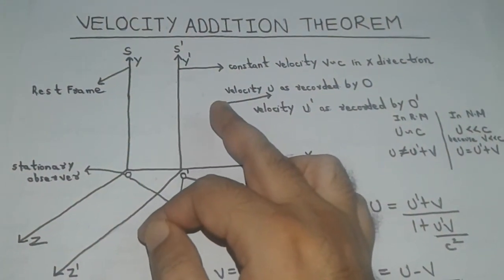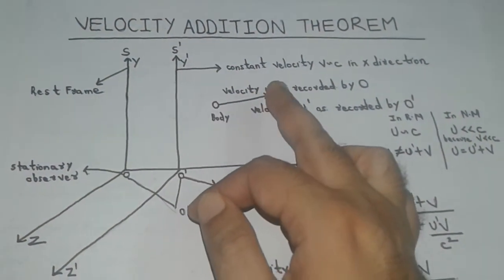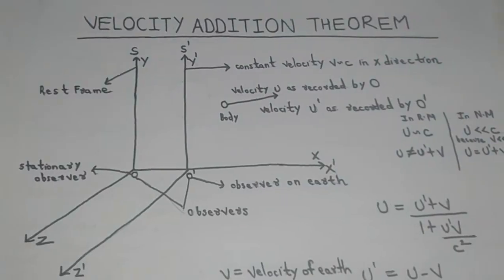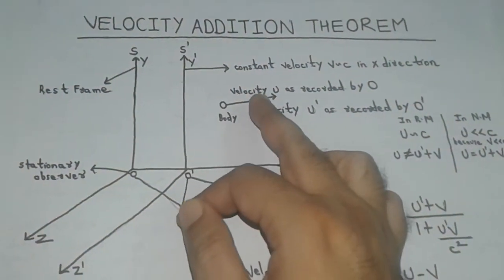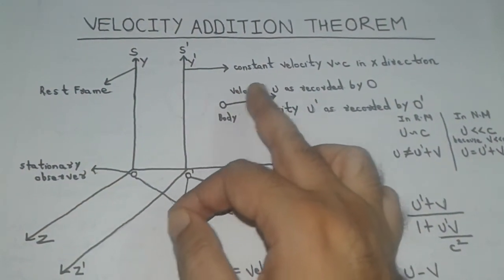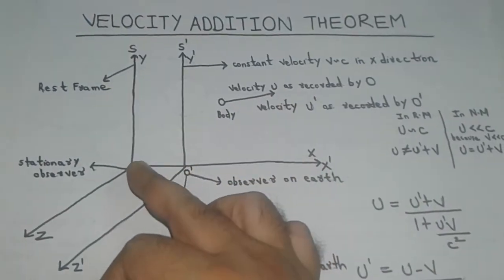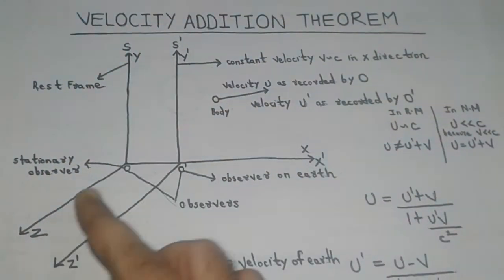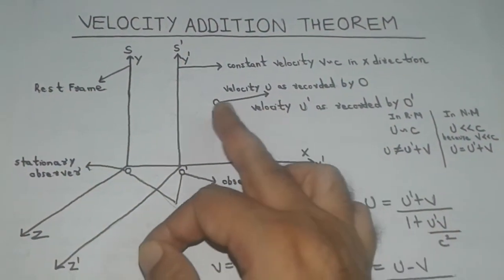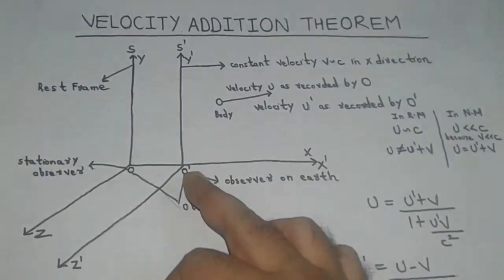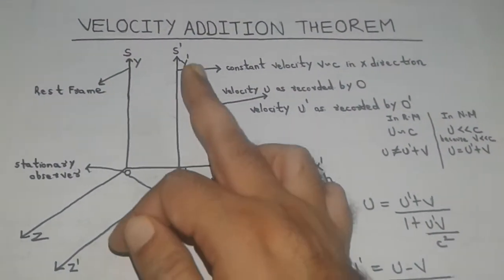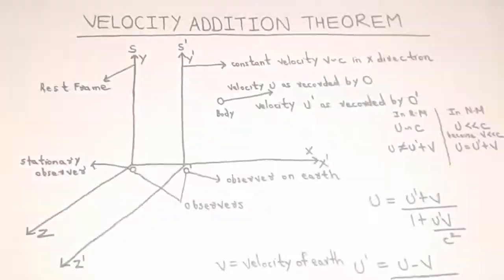Let us consider a body which is moving in frame S dash. Let U be the velocity of the body as recorded by observer O in frame S, and U dash be the velocity of the body as recorded by observer O dash in frame S dash.